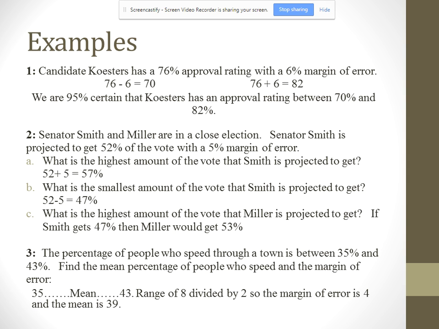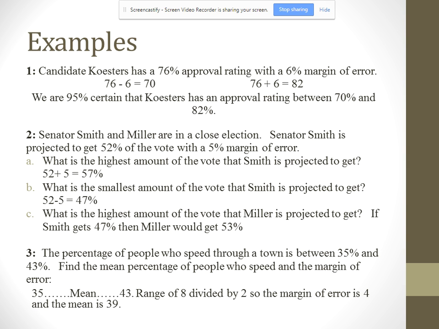Senator Smith and Miller are in a close election. Senator Smith is projected to get 52% of the vote with a 5% margin of error. So the highest amount that Smith is projected to get, we add the margin of error, so it's 57%. The smallest amount is 47%.